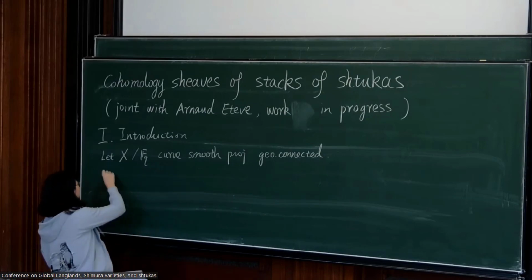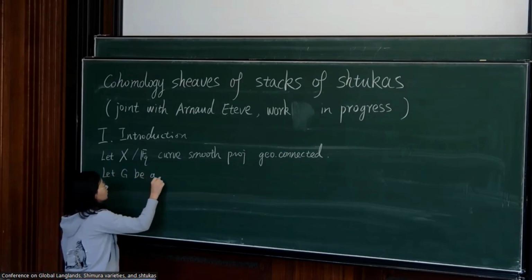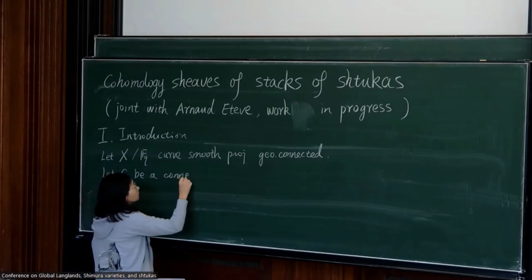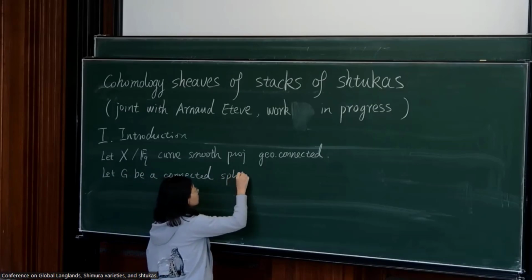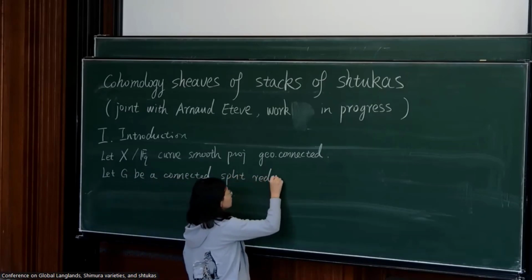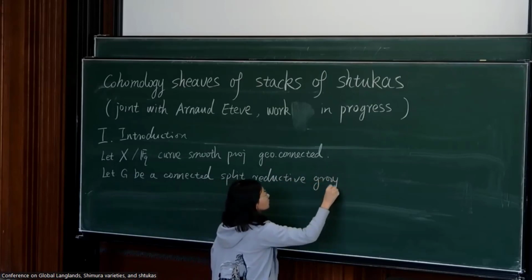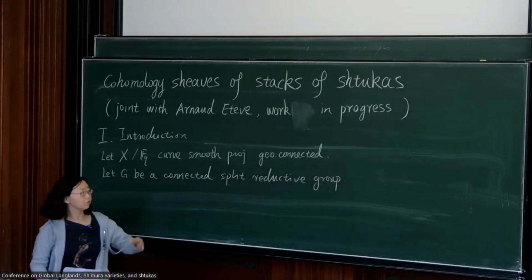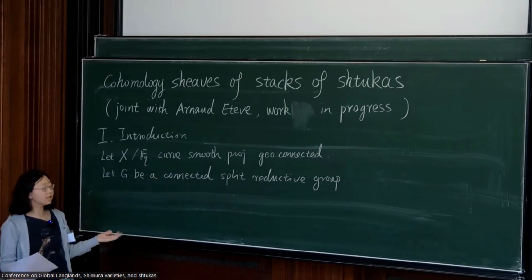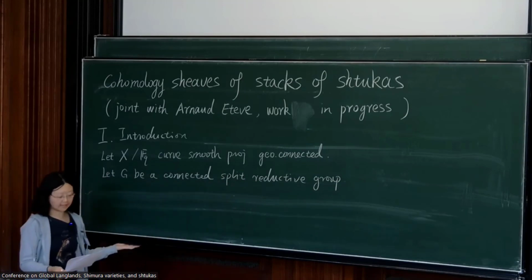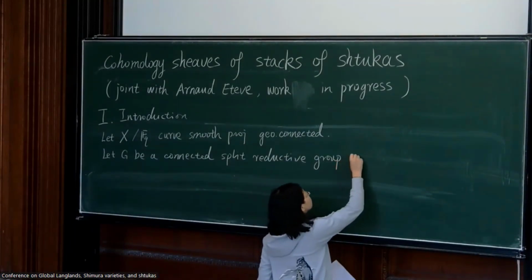And we will consider a reductive group. The result will be true for non-split groups, but for simplicity in this talk, we will only consider split reductive groups over F_q.